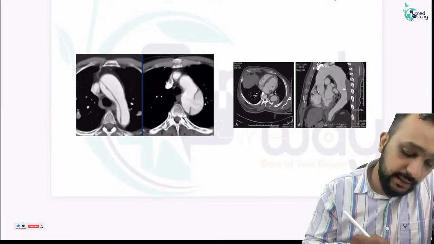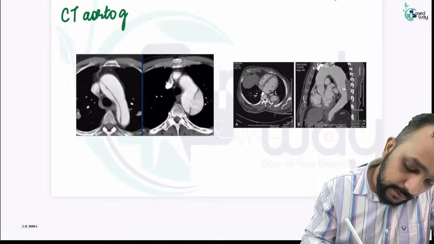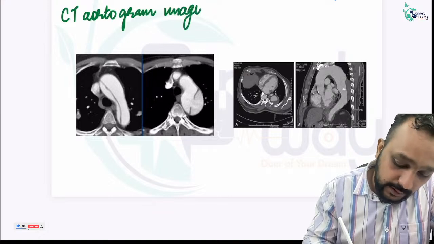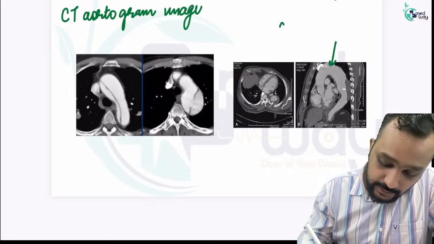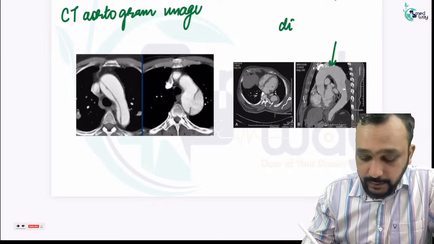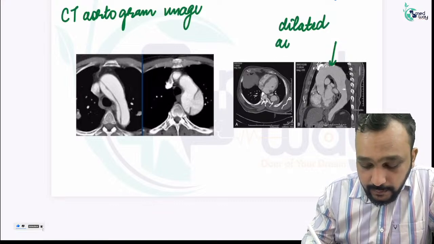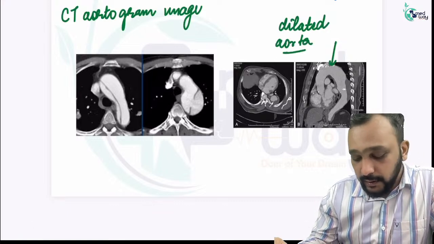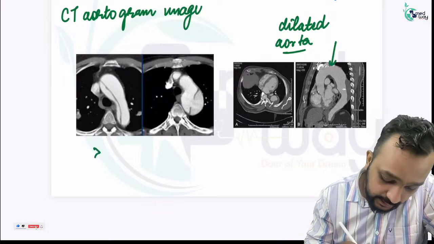Then you were given a CT aortogram image. What you could see on the CT aortogram image was that there was a dilated aorta, ascending aorta or arch of aorta, right? So when do we call the aorta dilated?